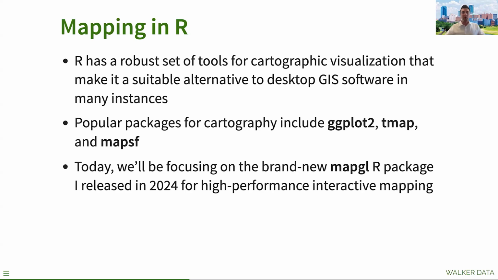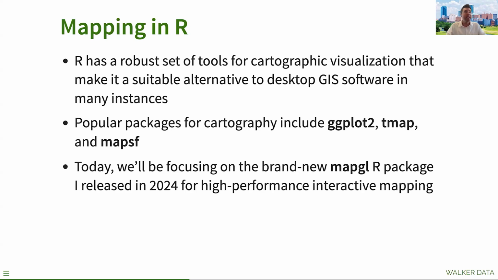And so there are a ton of tools for cartographic visualization in R that, in my opinion, make it a suitable alternative to desktop GIS software in many cases. ggplot2 is the most popular R package. It's been downloaded hundreds of millions of times, and it is arguably the premier data visualization library ever developed in any programming language. ggplot2 includes a lot of functionality for static mapping.